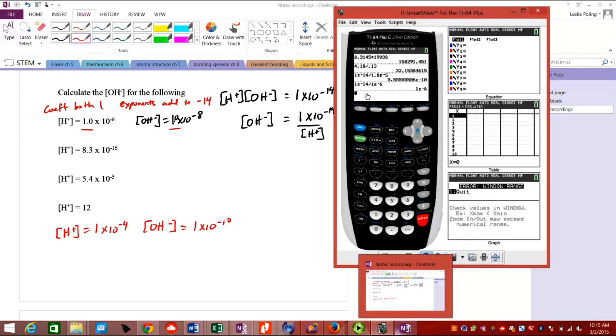So since I'm doing the same thing, I'm just going to do second enter and just change the part I'm dividing by. So I don't have to type in 1 times 10 to the minus 14 every time. It's times 10 to the minus 16.